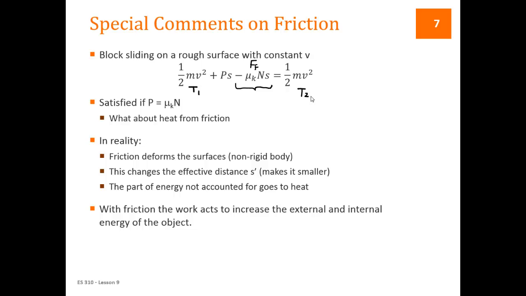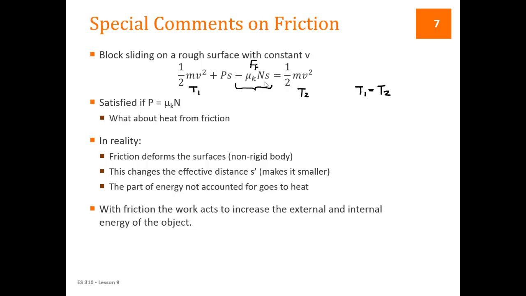So none of it is going to changing the acceleration or creating an acceleration. So T1 is equal to T2. We can imagine that situation. That is possible to create. So that is telling us that the work done from the P is just overcoming, or the force we're applying is just overcoming, the work done by the friction.